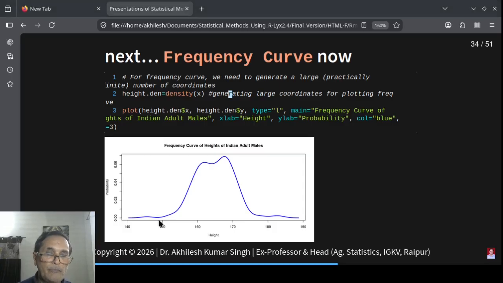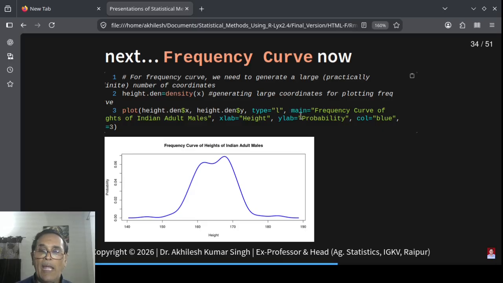So here when we have height, then we already have those x and y values within it. I have shown in RStudio what x and y values it has, but here we don't need them. We simply tell it that my x coordinate is height$x and my y coordinate is height$y. That's all. And remember, type is l. You should take type, line type.